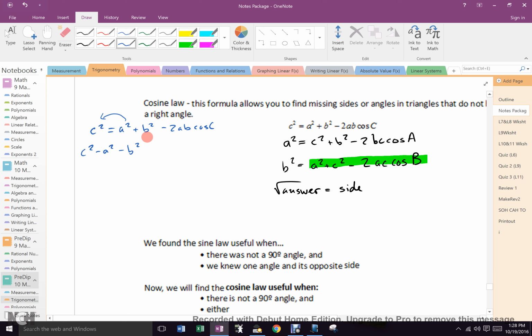Now here is where you all screwed up on your last quiz. Not all, but a great many of you. What math is happening here? That is negative 2 times A times B times cos C. How do I get rid of times times times? Divide. By what?